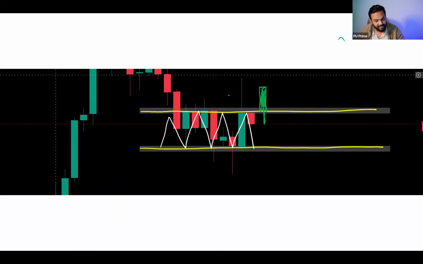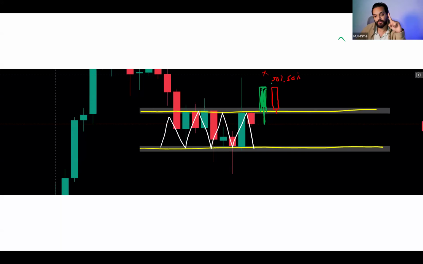This simply means that the sellers did not participate in this candle. So there is a 50-50 chance that the price might flip. So I'm not going into this trade. Why? I just want to see how the price is going to react after the candle has closed without a wick.